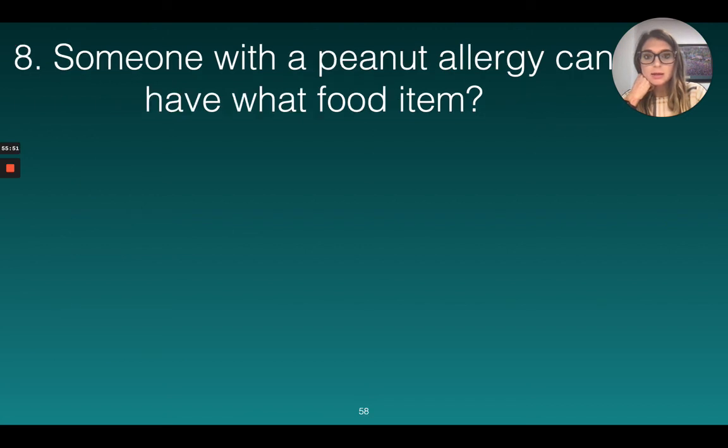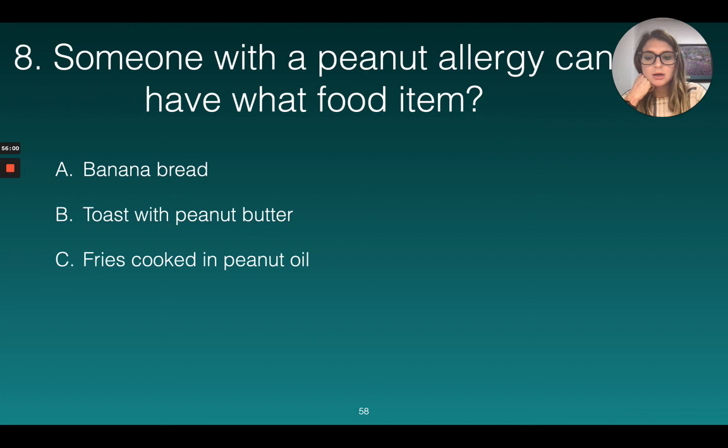Number 8, someone with a peanut allergy can have what food item? A, banana bread, B, toast with peanut butter, C, fries cooked in peanut oil, or D, mixed nuts?